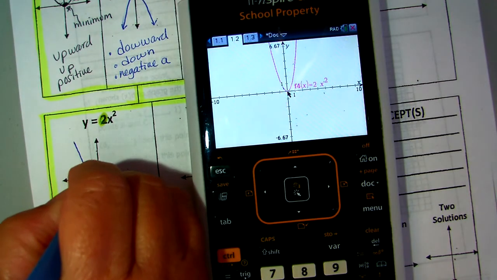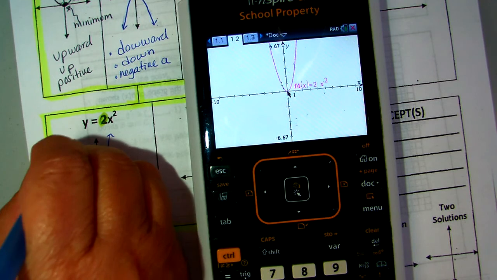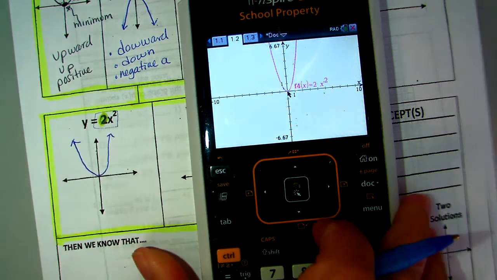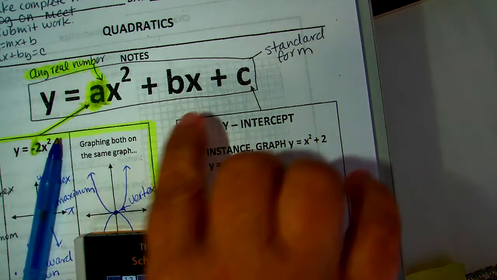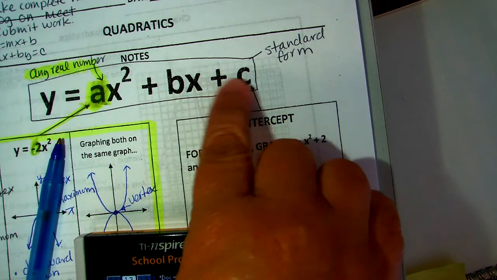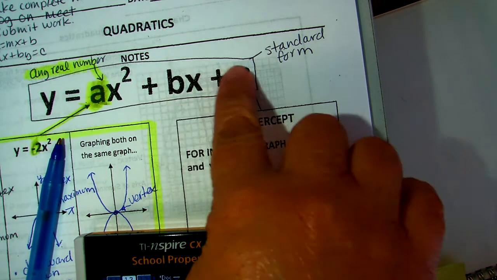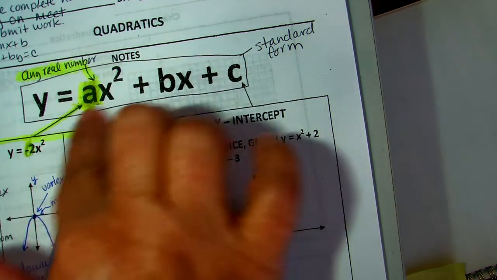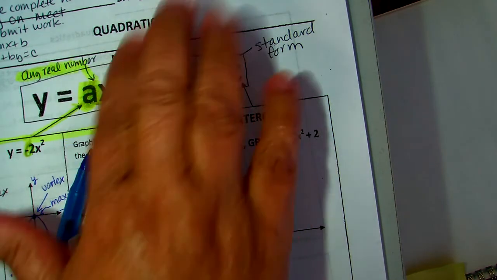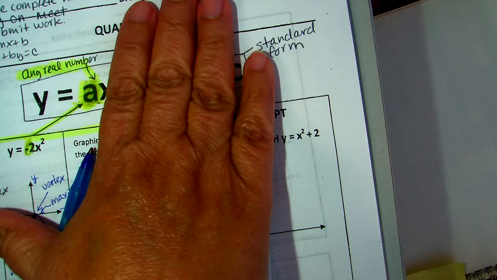Now, why are we just graphing this and not all of it? Because if b is 0 and c is 0, then those two terms become 0 and you only have this. This one we call the parent function. If a is 1, then this is the parent function.